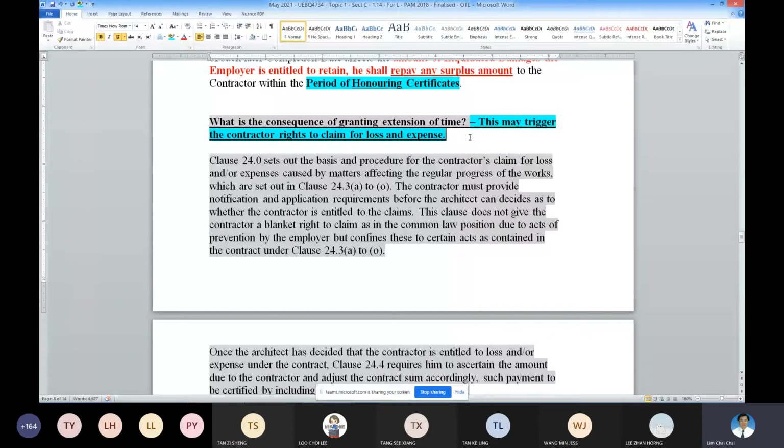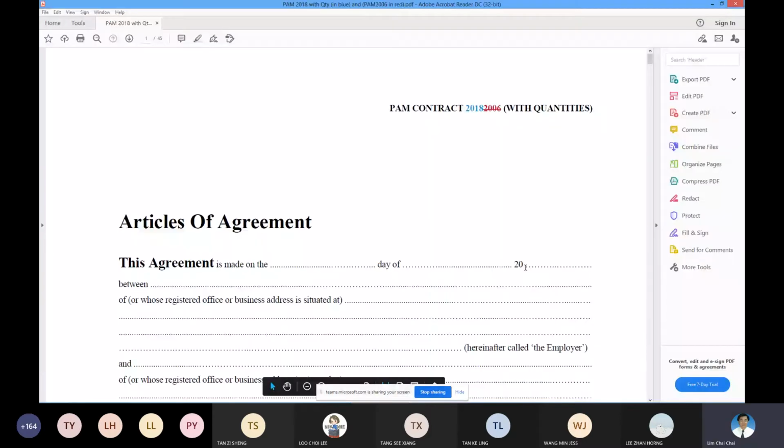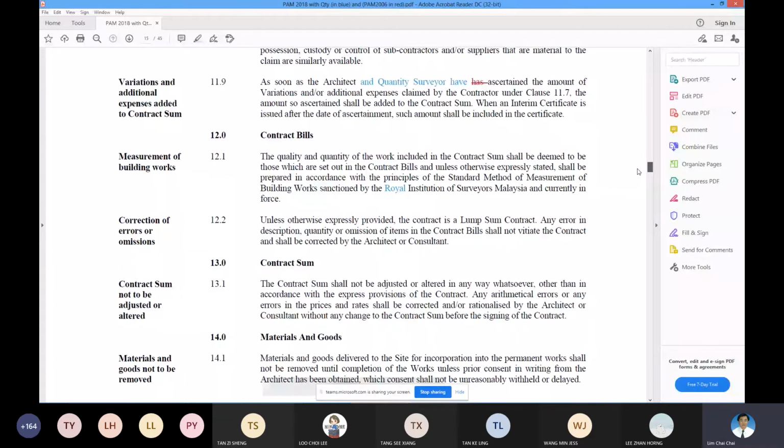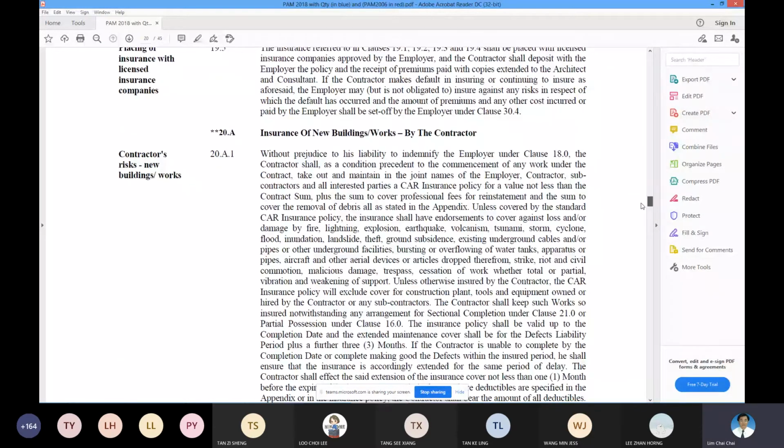So how do we find out whether, with an extension of time, the contractor can claim for loss and expense? You have to look into clause 23.8 and 24.3. Repeat, you need to understand the content of clause 23.8 and 24.3.